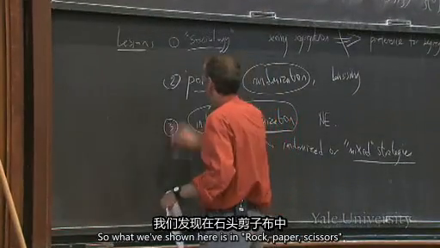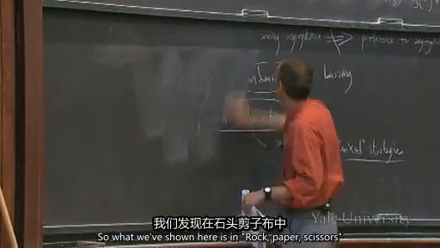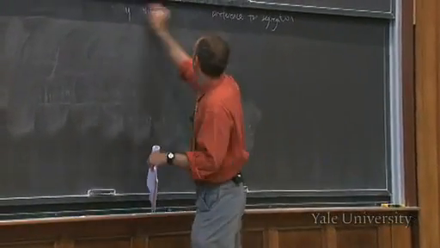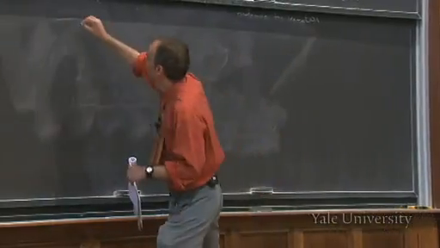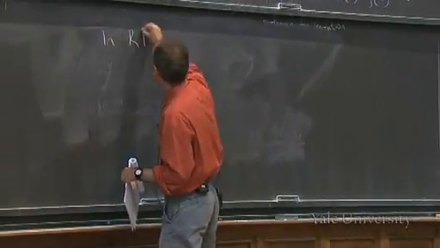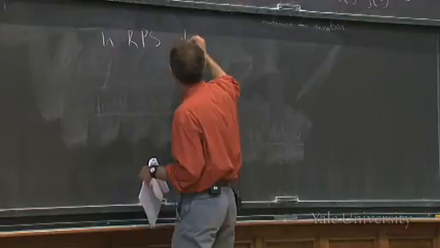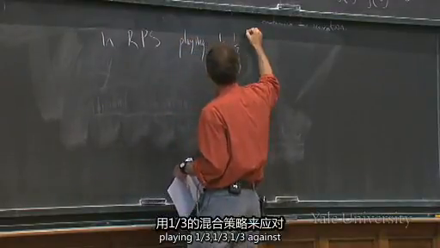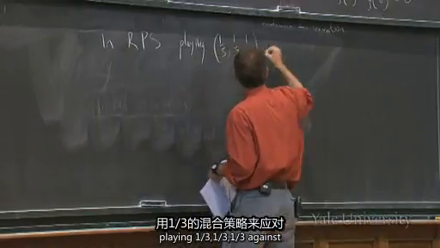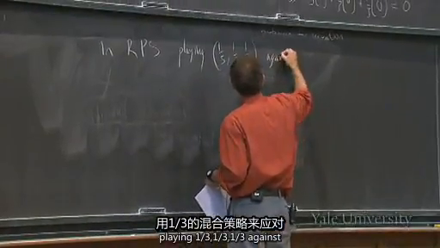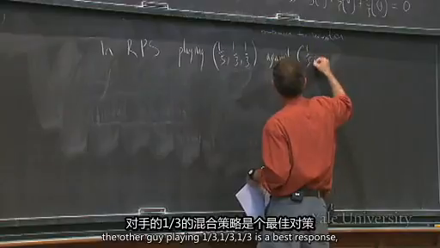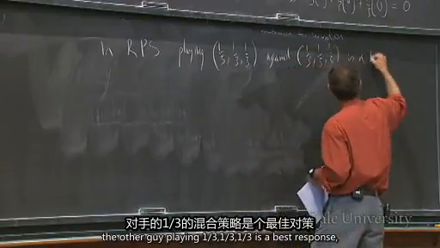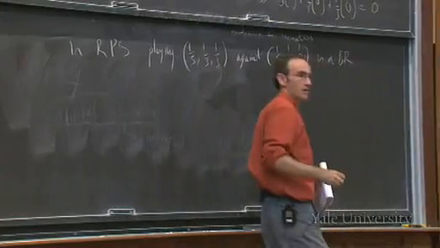Right? So what we've shown here, and we'll stop with this, is that in rock, paper, scissors, playing a third, a third, a third against the other guy playing a third, a third, a third is a best response.